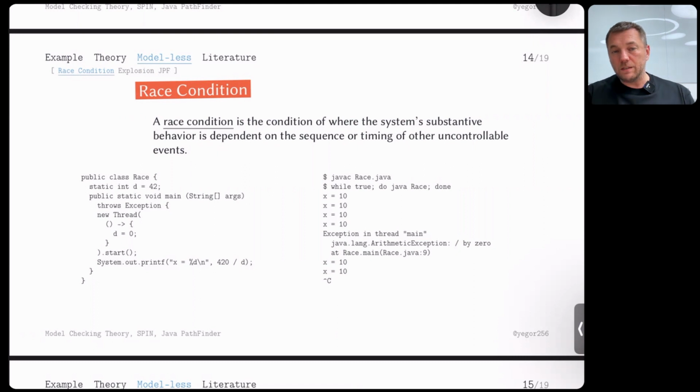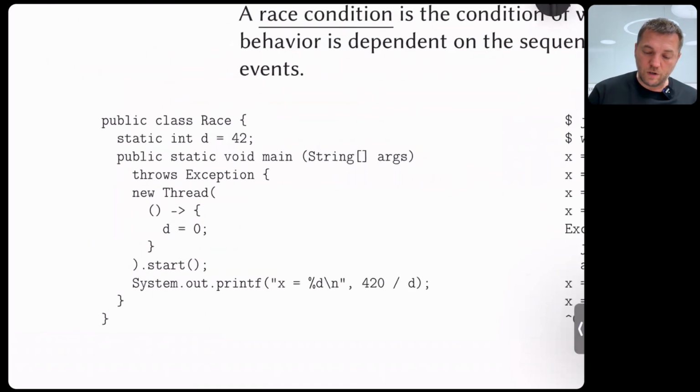So they compete for the resources, and at some point one thread is faster, the other is not, and the error happens. Look at this code. This is Java. In this Java code, we have one static integer variable, which is 42.